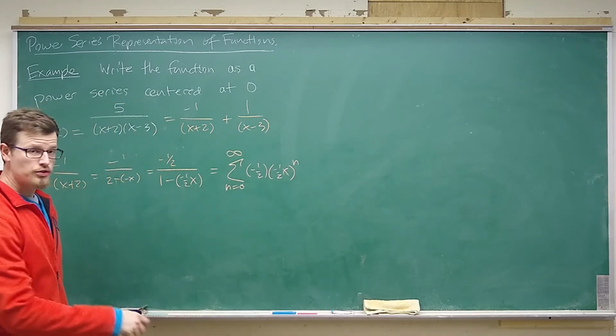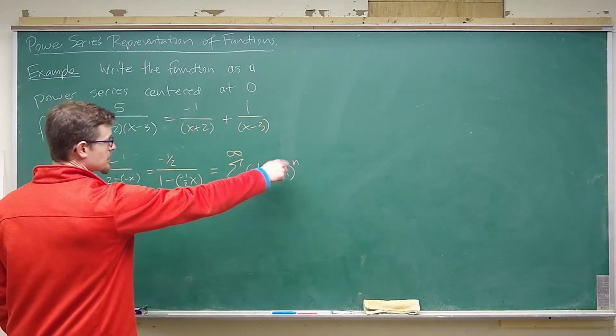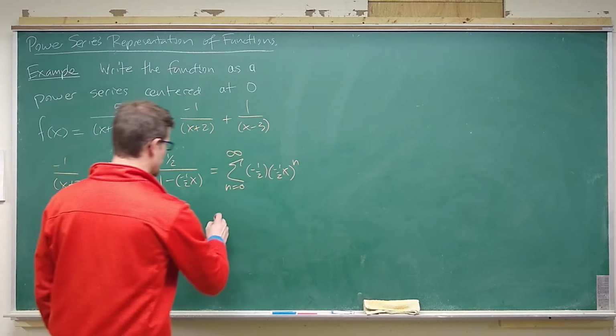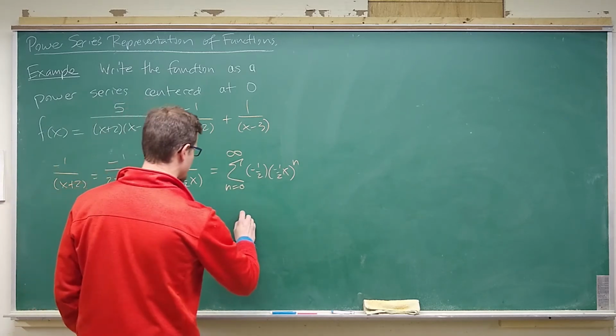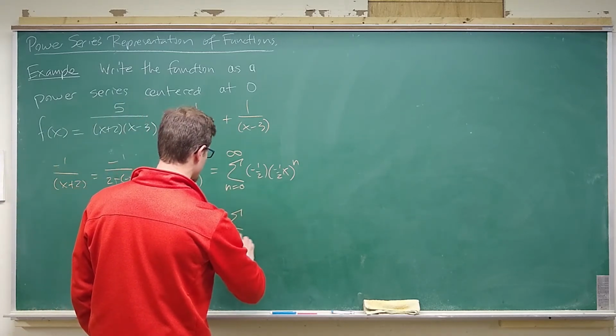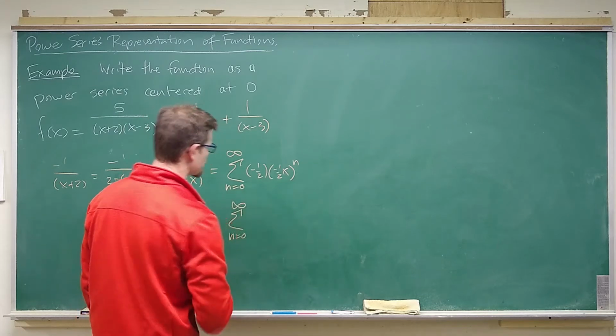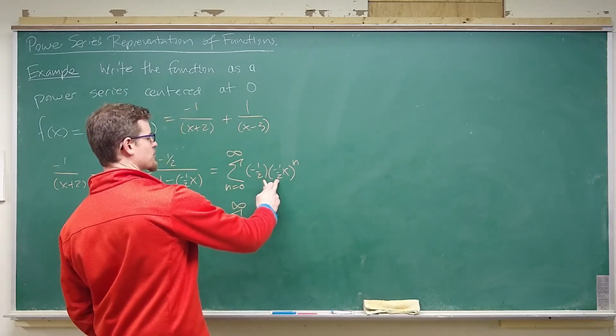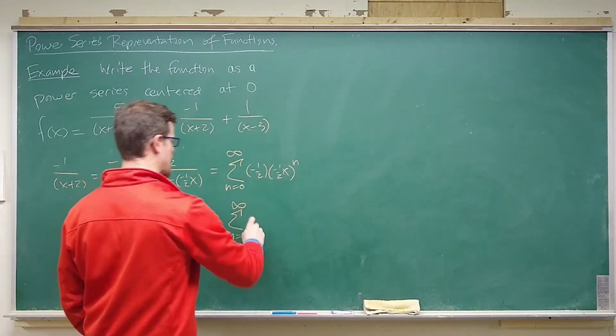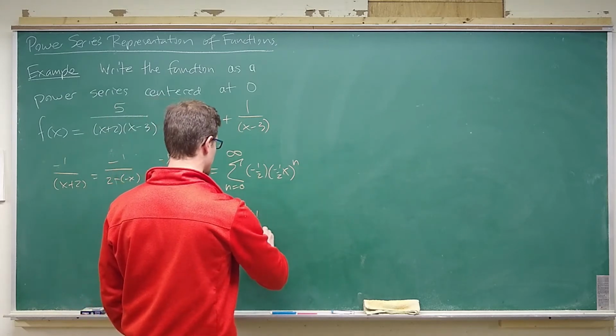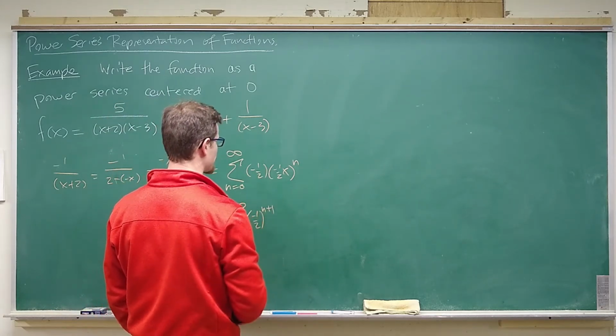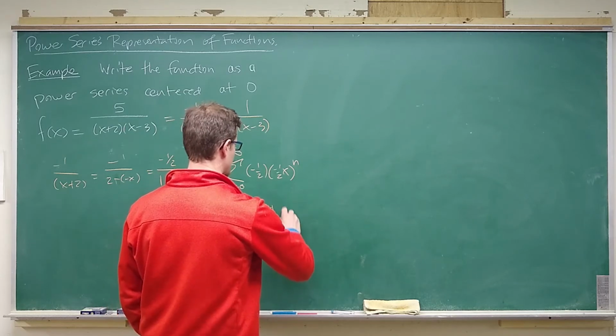Now, if I wanted to, I could simplify this a little bit, which wouldn't be a bad idea. So let's just go ahead and say that this is the sum from n equals 0 to infinity. Here I have n factors of 1/2. Here I have an additional factor. That gives me n plus 1 factors of 1/2 times x to the n.